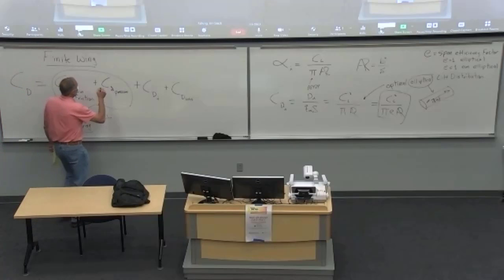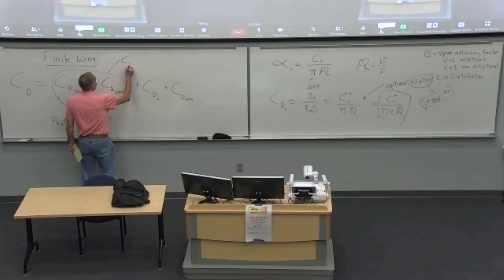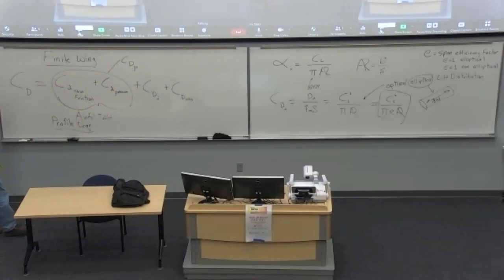So sometimes you could write the whole thing as C_D subscript P for profile. So now we have the tools to calculate the drag for a wing rather than just an airfoil. So that's what we'll do with this example.